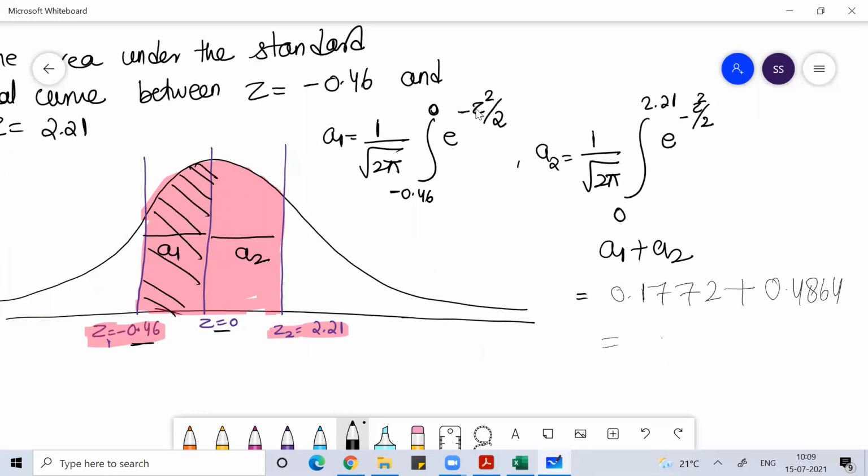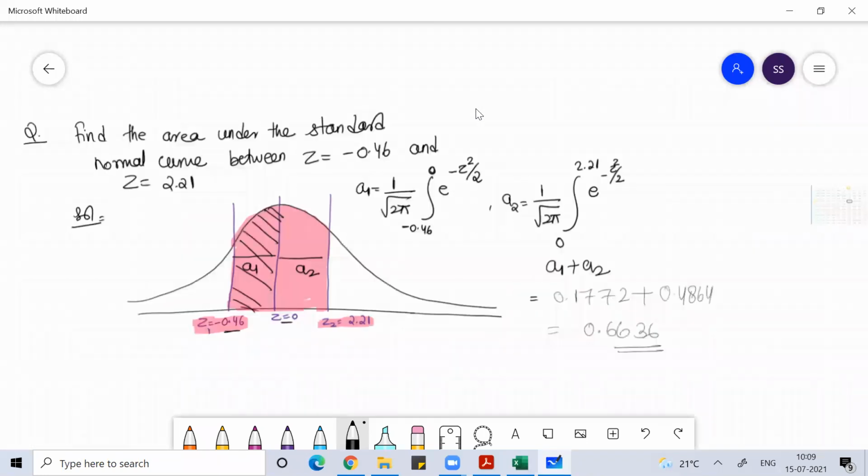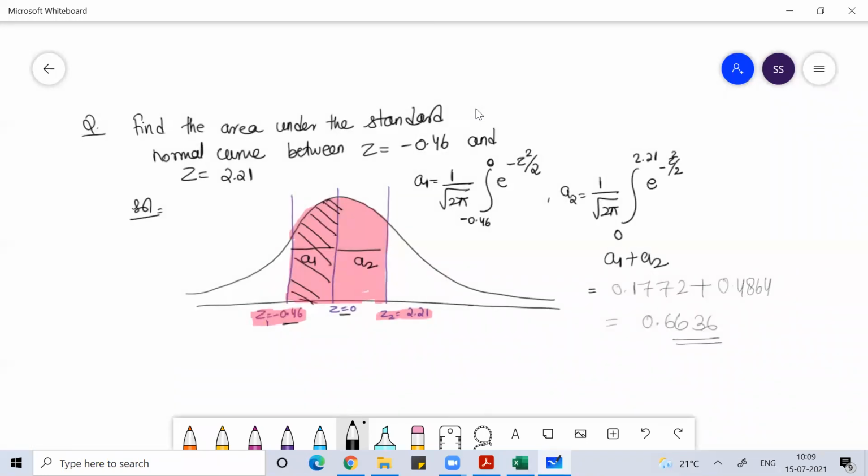If you add them, you'll get a value of 0.6636. This is the area corresponding to the normal distribution curve between z equal to minus 0.46 and z equal to 2.21.